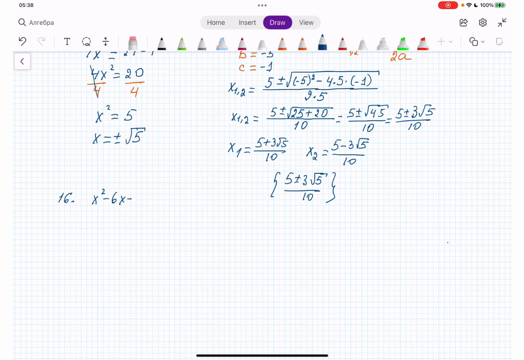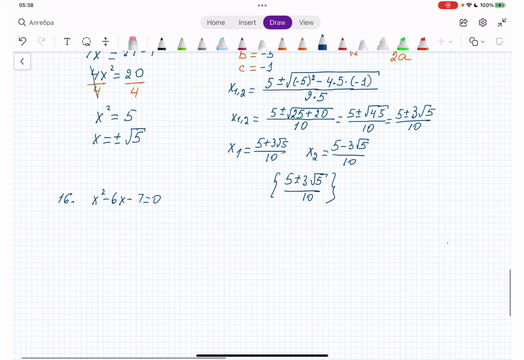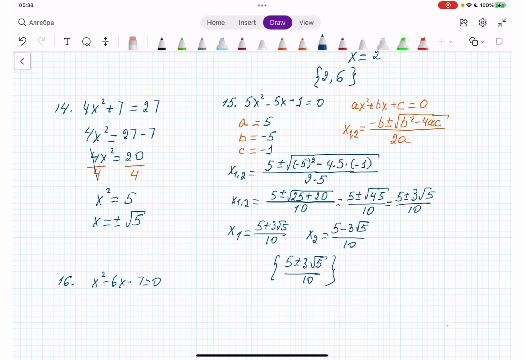minus 7 equals 0. Oh, by the way, I forgot to mention that this is not the only method. There is another way to factor with a coefficient in front of x squared, but I'm not in favor of guessing. Sometimes there is too much guessing in factoring with the coefficient in front of x squared.